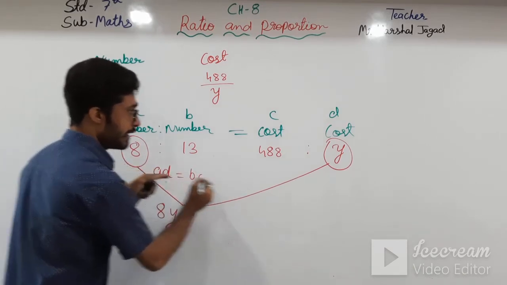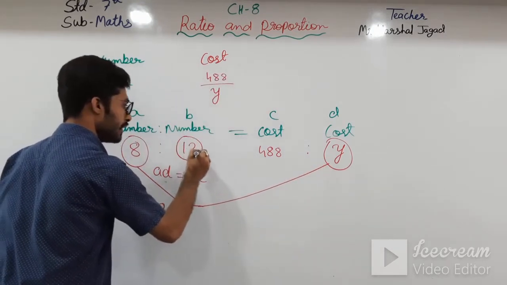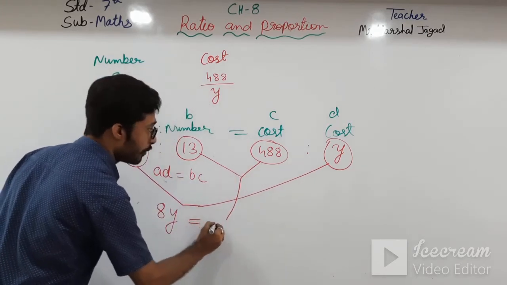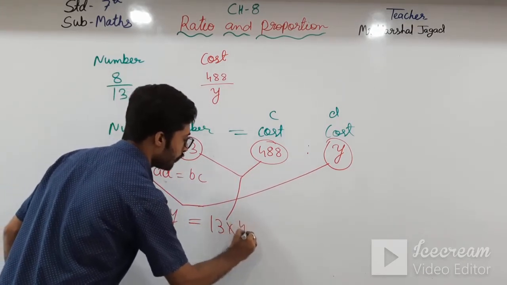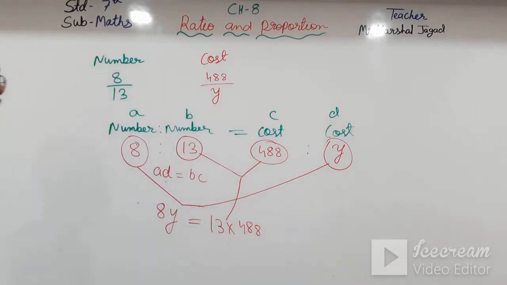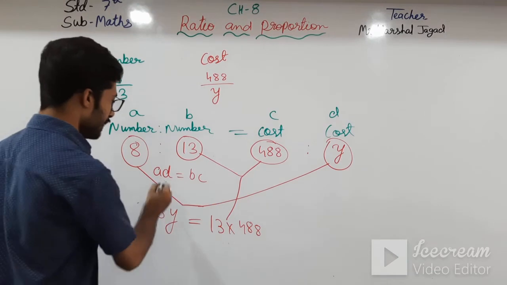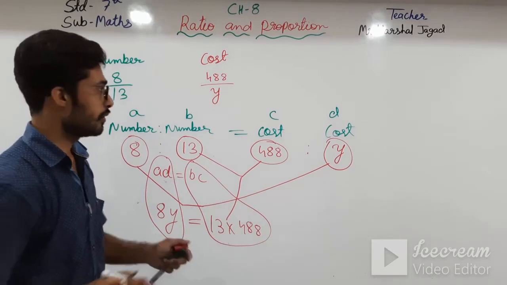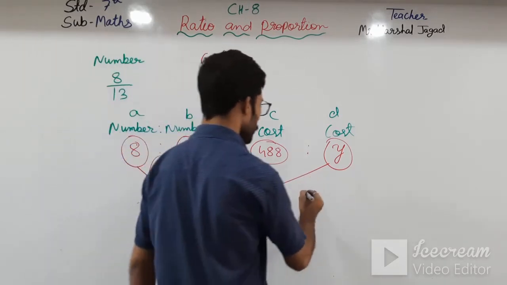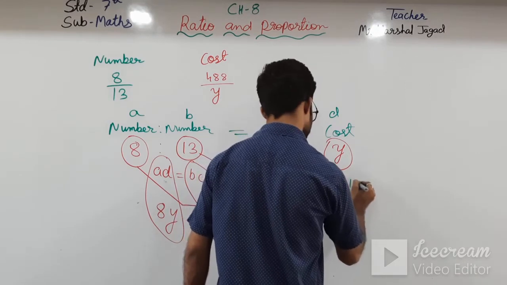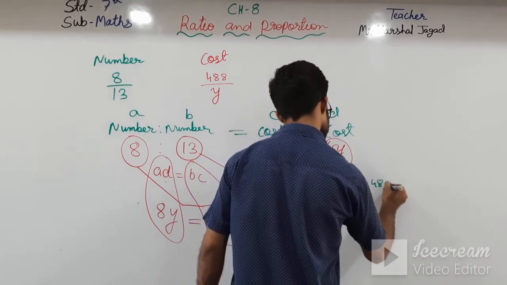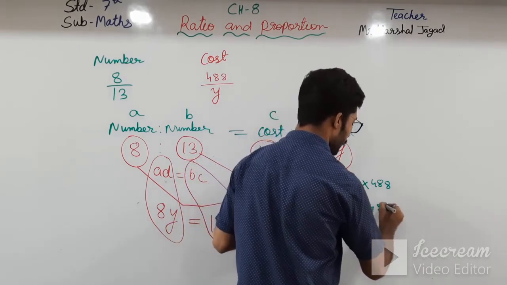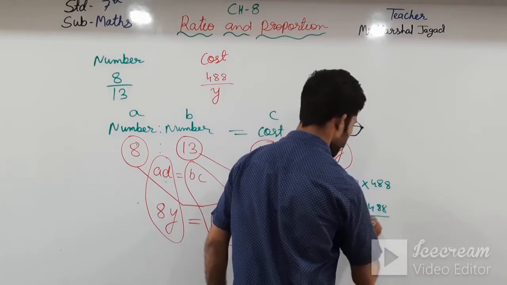So this is AD, and this is BC, which is 13 into 488. Okay students, 13 into 488. This is AD, this is BC. Now calculating this, 8y is equal to 13 into 488. So y is equal to 13 into 488 divided by 8.